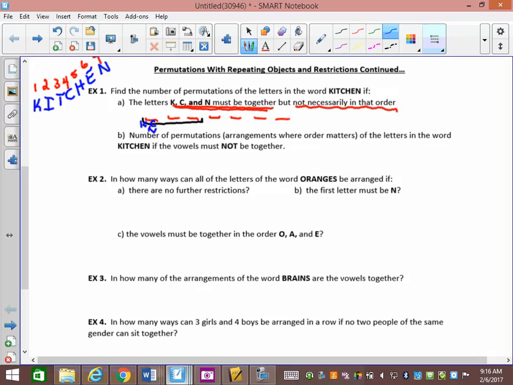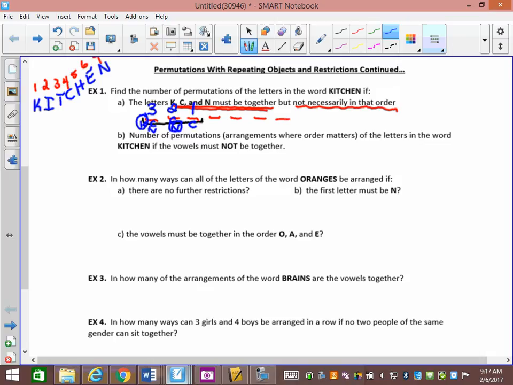So how many is that? 3. But then what do? Remember, words are always non-repeating unless there's actually a repeating letter in it. Okay? So if it's not repeating, I always circle them. So I'm going to circle the K and say I kept the K here. So now for this blank, I'd have the C and the N left. So 2 options. Then I'm going to pretend I keep the N. So then I would have the C left. So 1 option.